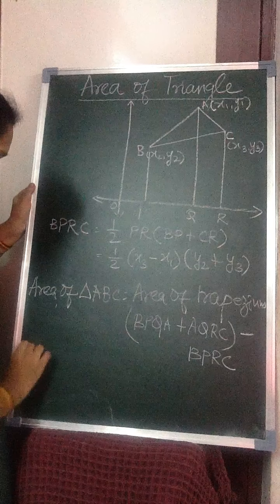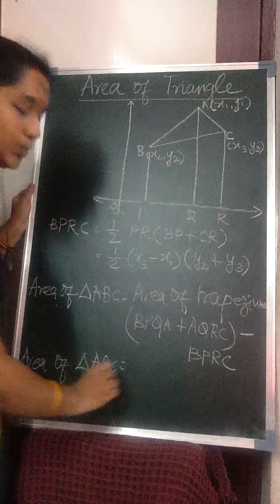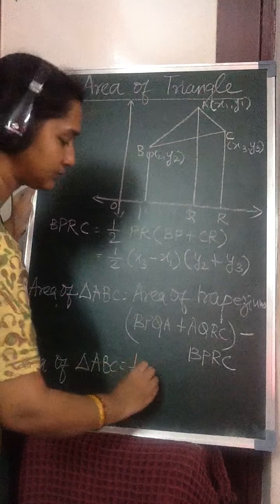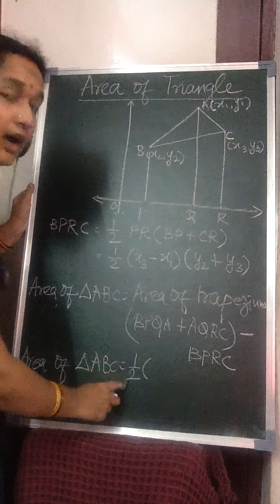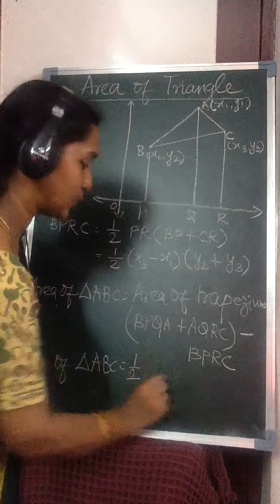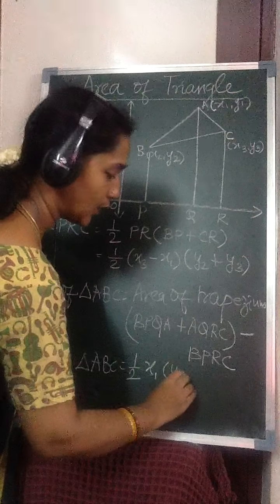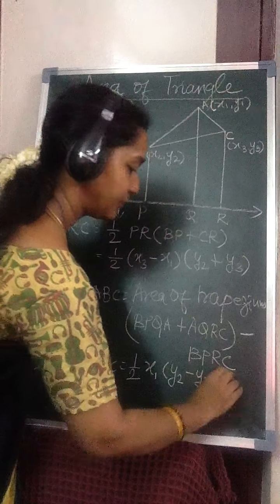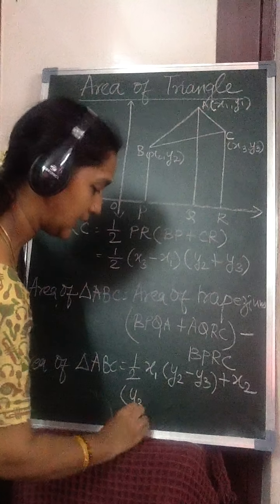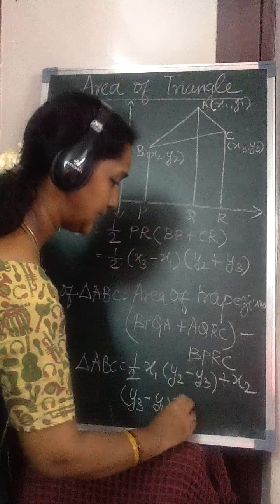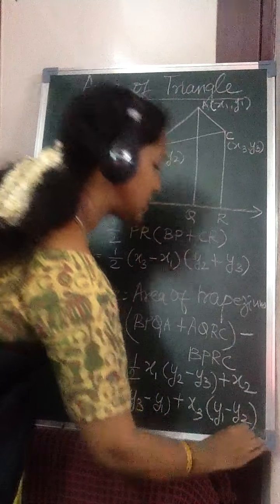When you simplify this, you will get area of triangle ABC is equal to half into x1 into y2 minus y3 plus x2 into y3 minus y1 plus x3 into y1 minus y2 square units.